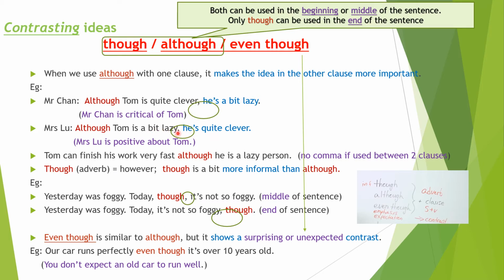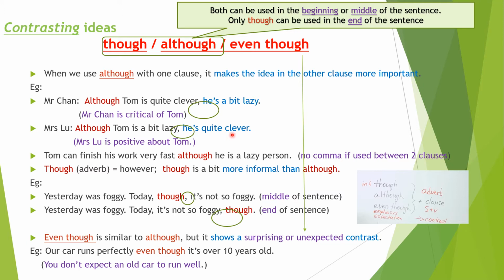This one is more important. Cleverness is more important. She wants to emphasize this part rather than the part that is close to the although clause. So that means Mrs. Liu is positive about Tom because she thinks he's quite clever in this sentence. She's emphasizing this part.